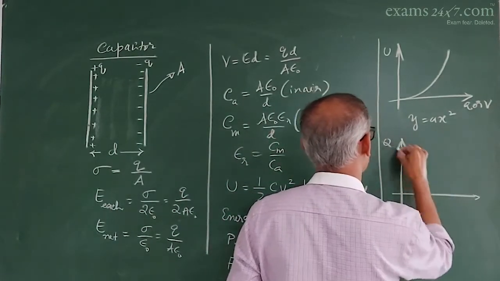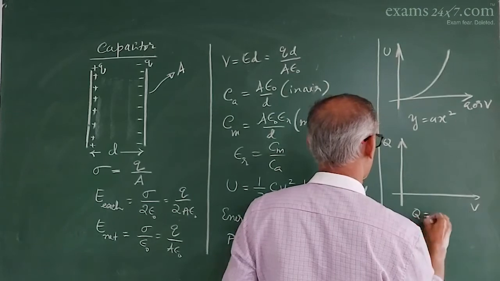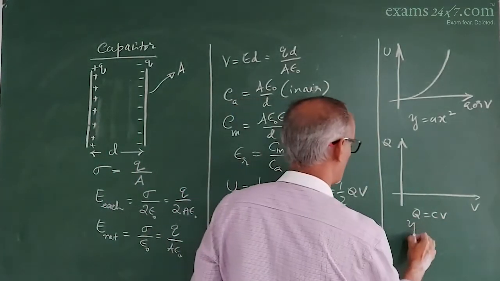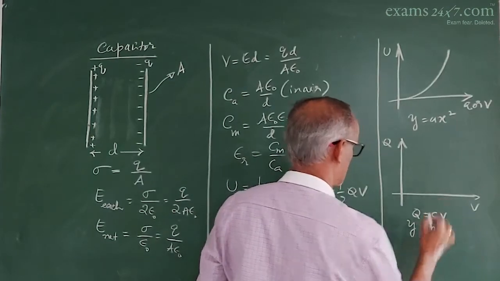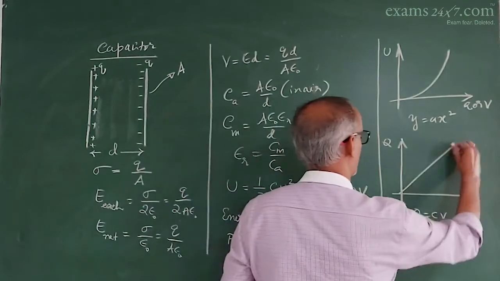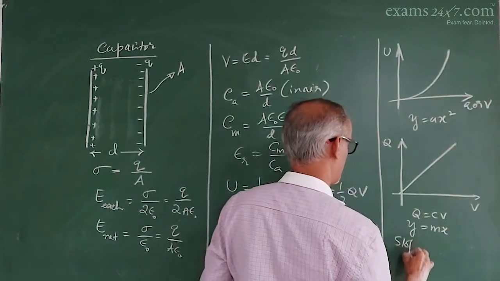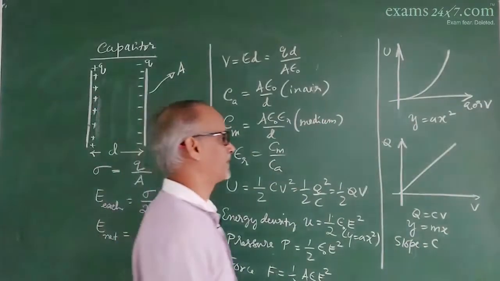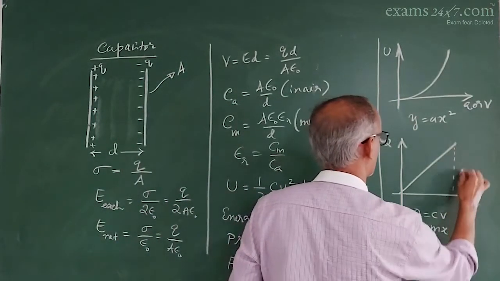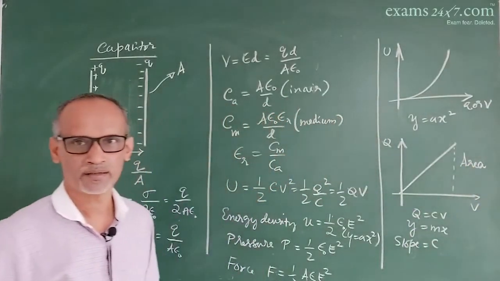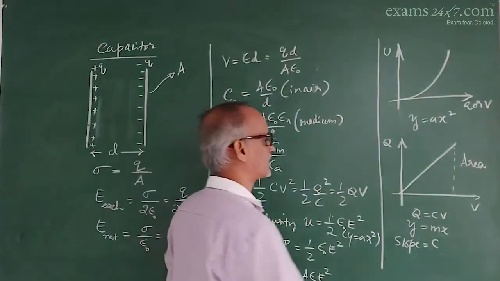If I draw Q versus V, Q is equal to CV. This equation is of the form y is equal to mx. So it is a straight line passing through the origin, and its slope gives C, the capacitance. And if I measure the area below the graph, it's a triangle, half into base into height, which is half QV.